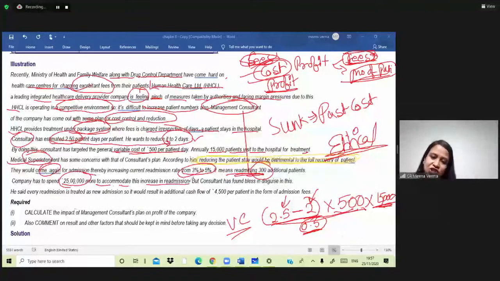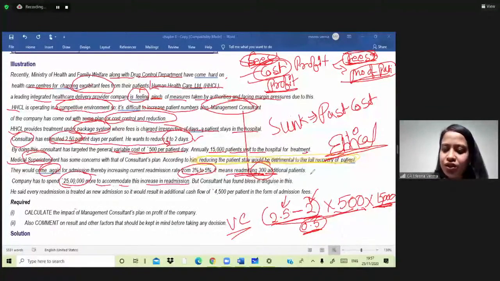Now the company is saying it has to spend 25 lakh more to accommodate this increased readmission. If you implement this plan, the patient will not be fully recovered, so 300 additional patients will come.